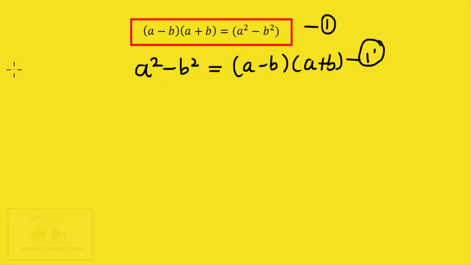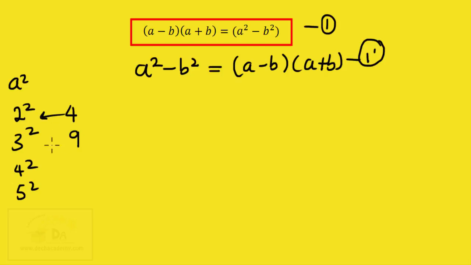As I mentioned earlier, a square number is a number of the form a squared. So when a is 2, we have 2 squared, a is 3, we have 3 squared, a is 4, we have 4 squared, and a is 5, 5 squared. Numbers of this form, a squared, are square numbers, or numbers that can be written in this form. For instance, the number 4 is a square number because it is 2 squared.